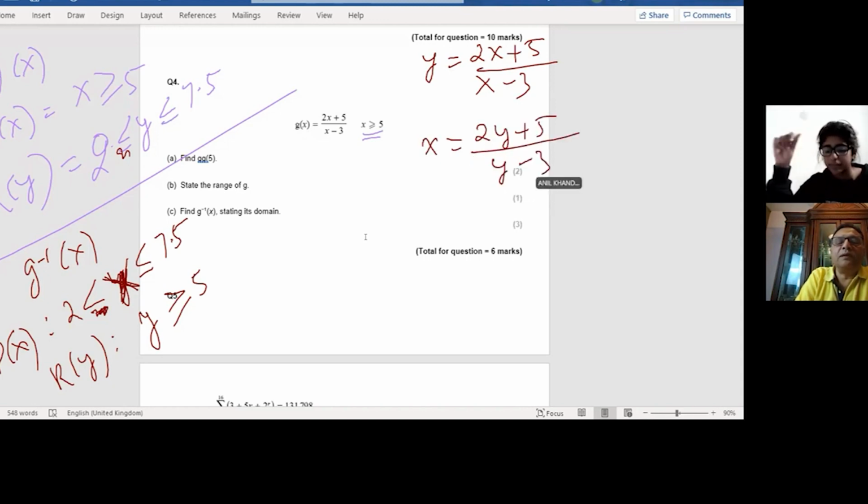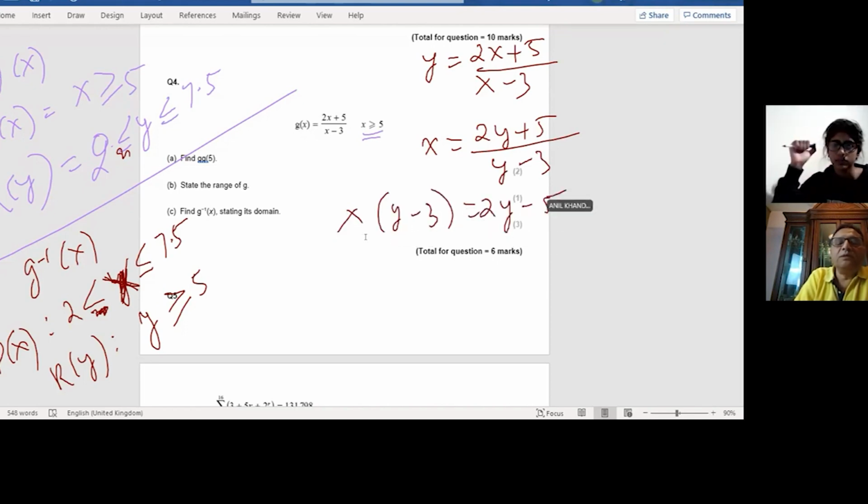Now you cross multiply. x times y minus 3 equals 2y plus 5. Open the bracket, so you get xy minus 3x. Bring the terms together, minus 2y. You can keep 5 on that side, doesn't really matter. We need to isolate what y is, right?